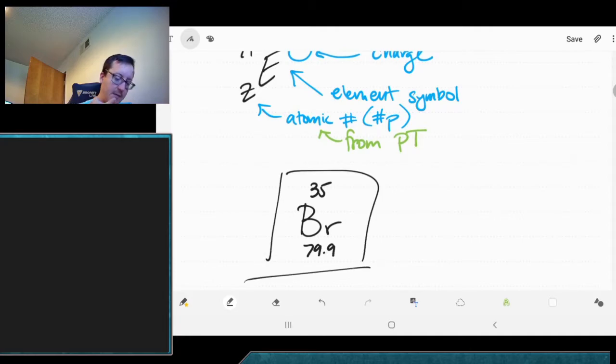We see this on our periodic table. When in doubt, let's question Wikipedia. That's kind of my go-to. Let's take a look at Wikipedia. What does Wikipedia have to say about bromine?